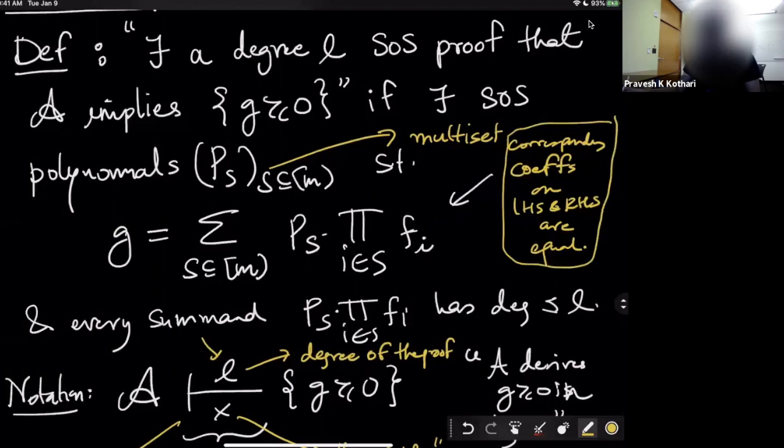Now, just to test our understanding, let's ask the following question. You all recall the definition of sum of squares proofs over the hypercube that we defined earlier, right? Let's try to make sure that this is indeed a generalization, that I didn't do a bait and switch on you.